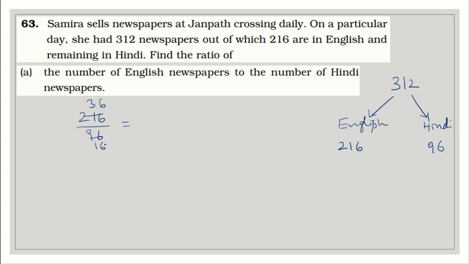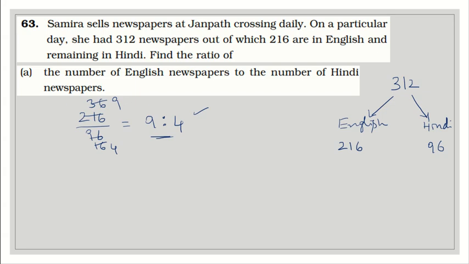Now, further both will get cancelled by 4. So, 4 nines are 36, 4 fours are 16. Thus, 9:4 is the ratio of the number of English newspapers to the number of Hindi newspapers.